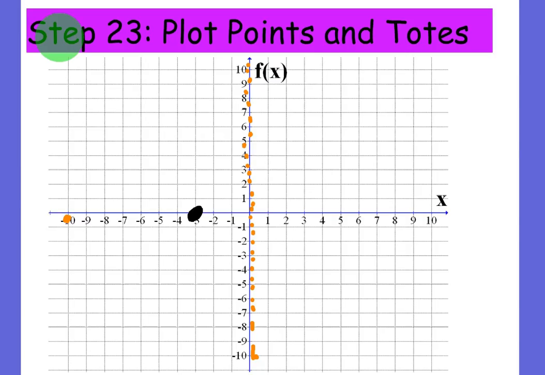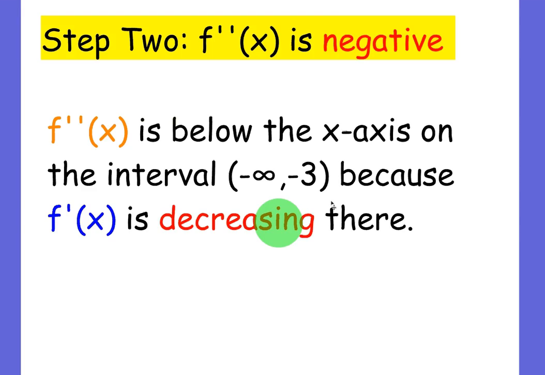and here's why. We know our increasing, decreasing intervals. We know our concavity intervals. So let's take a look. First of all, we know that f double prime of x is going to be below the x-axis from -infinity to -3 because f prime of x is decreasing there.